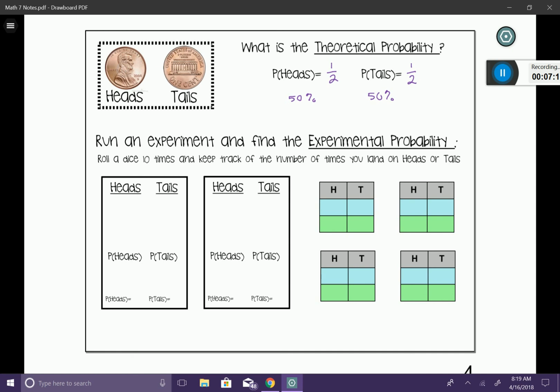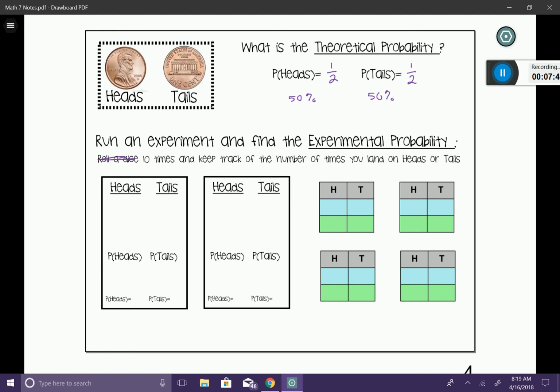Now let's focus our attention on running an experiment. And running an experiment means that we're going to actually calculate the experimental probability. So what we're going to do in this experiment is we're going to flip a coin 10 times, and we're going to keep track of the number of times you land on heads or tails.